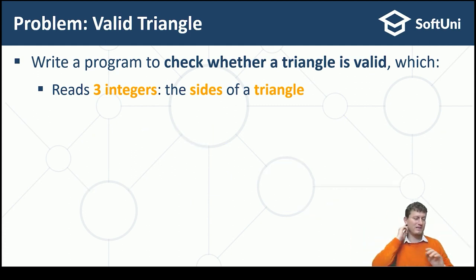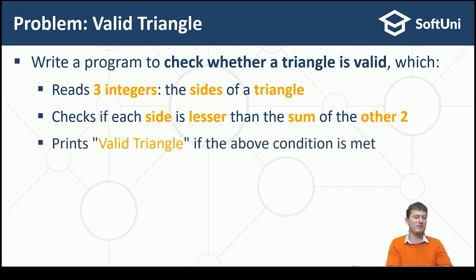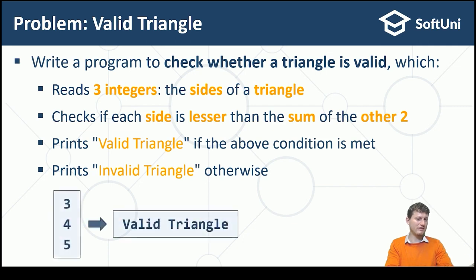So the idea is check whether 3 integers can form a triangle. So we should check if each side is lesser than the sum of the other 2. If this happens for all the sides, the triangle is okay. But if some certain side is bigger than the sum of the other two, it's invalid triangle.